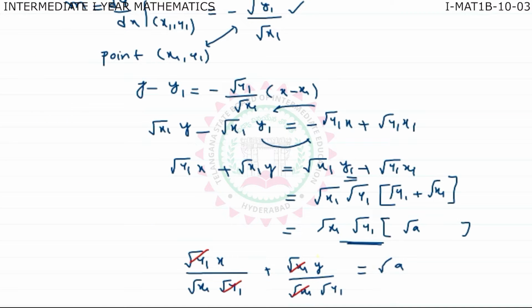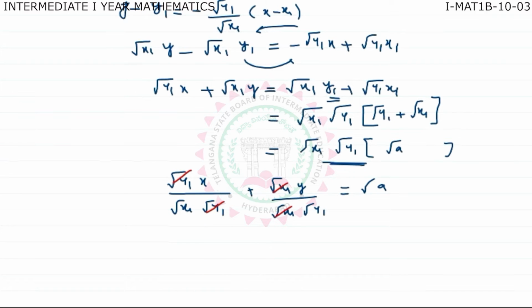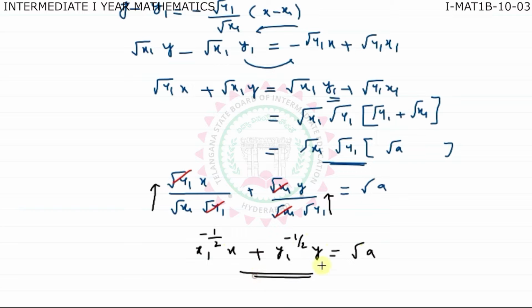On simplification, the final answer will be: if I take this term to the numerator, that will become x1 to the power of minus 1 by 2 into x, plus if I take this term to the numerator, y1 to the power of minus 1 by 2 into y is equal to root a. This is the required answer.